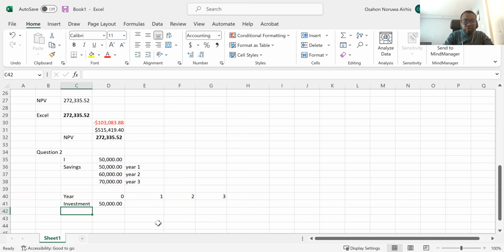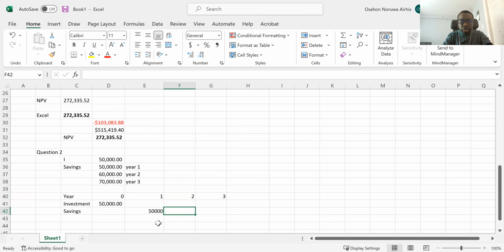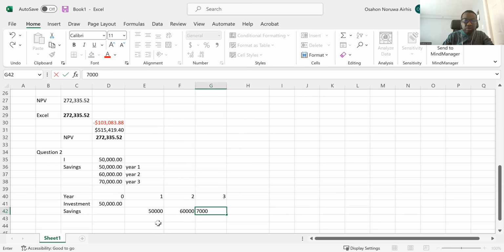And then I have the savings, which come at the end of the first year at 50,000. At the end of the second year, projected is 60,000. Estimated savings at the end of the third year would be 70,000.